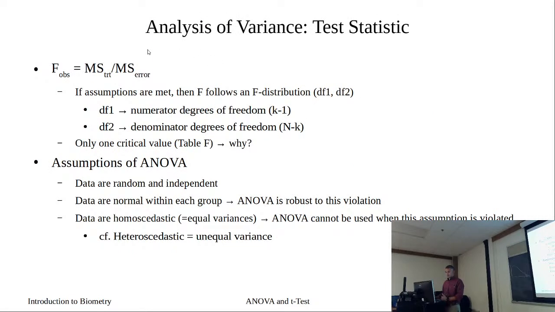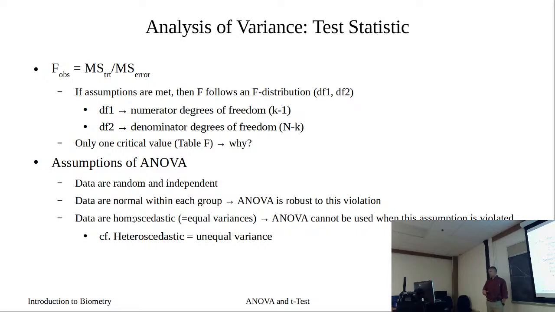So we're going to use the F statistic, and we have the assumptions. They're the same assumptions as a t-test. So data are random and independent. Data are normally distributed within each group, and the variances are equal. And there's a specific term here that you should write down and know. Homoscedastic means that we have equal variances.